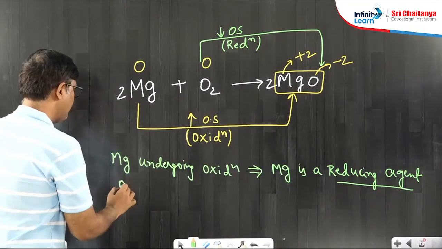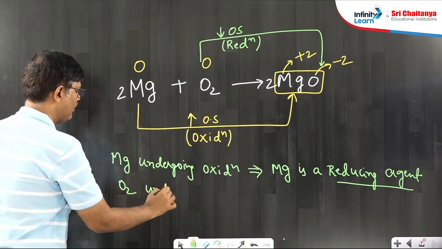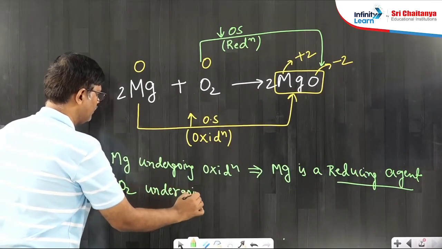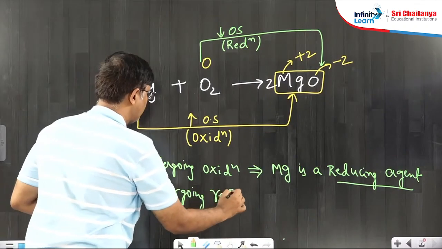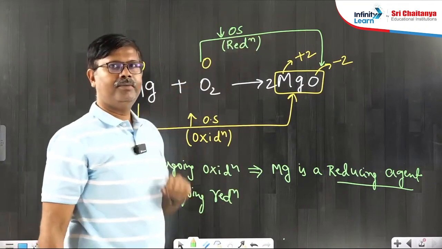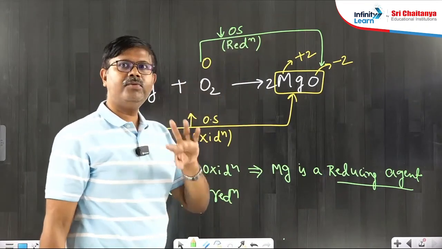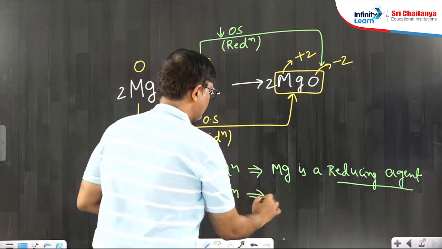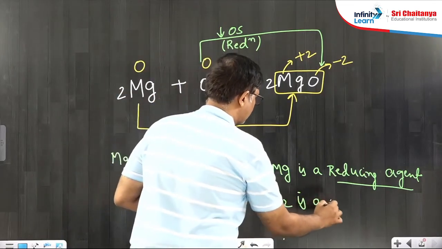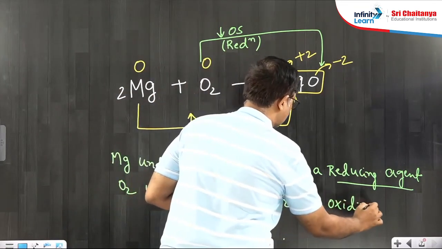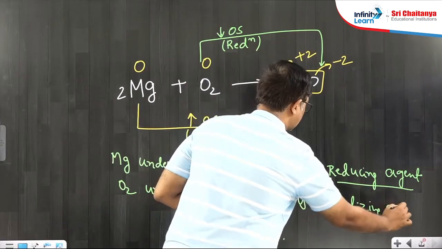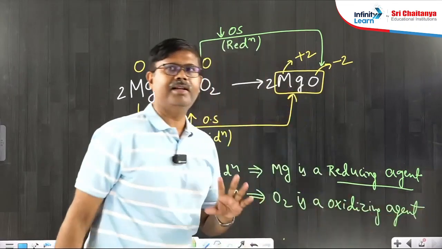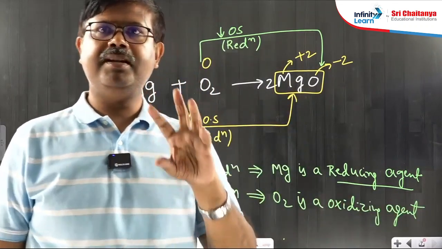And what is undergoing reduction? O2 is undergoing reduction. O2 undergoing reduction means we should call it an oxidizing agent. These are the terminologies.